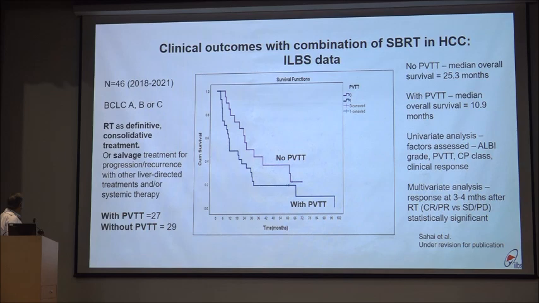With PVTT, 27%, without PVTT, 29%. The no-PVTT median overall survival was 2.3 months. With PVTT, overall survival was 10.9%. So it is important: if there is no PVTT, the survival is better than with involvement of PVTT.